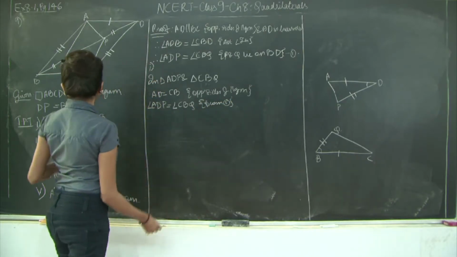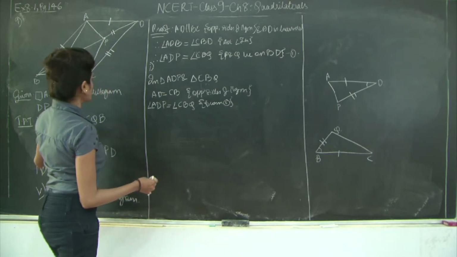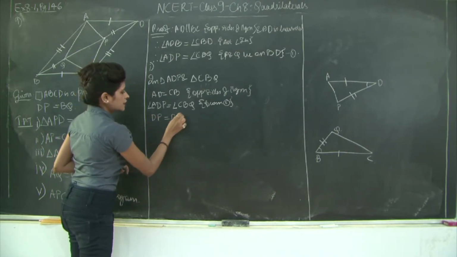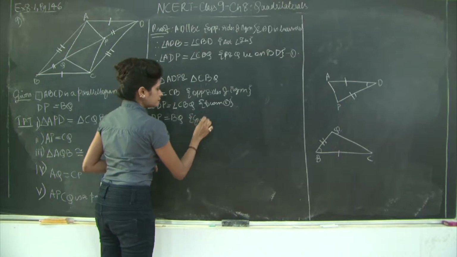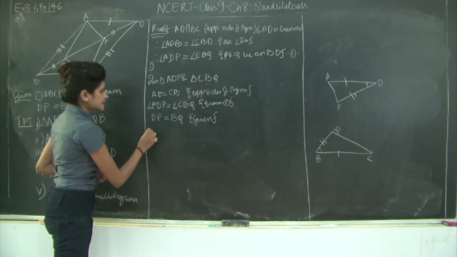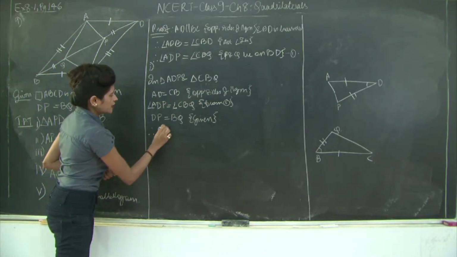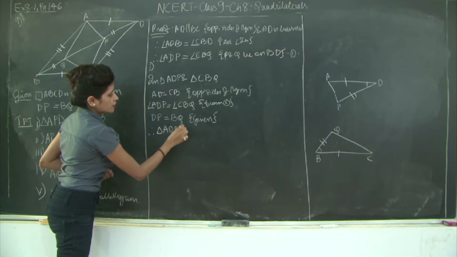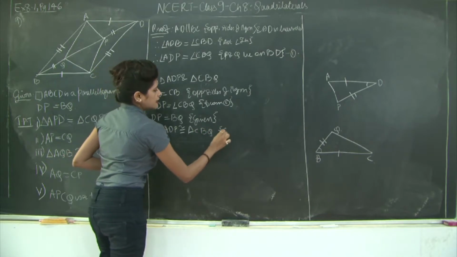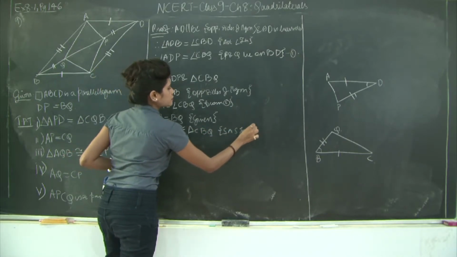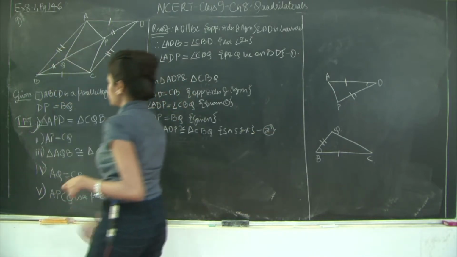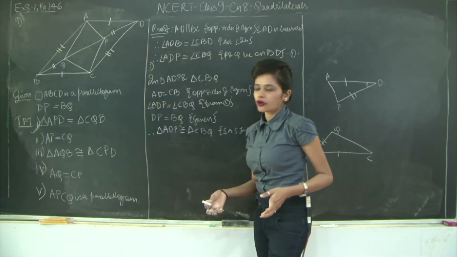And again I have the given data that DP is equal to BQ. Correct. Therefore, the two triangles are congruent by the SAS test of congruence. Therefore, triangle ADP is congruent to triangle CBQ by the SAS test. Let's mark this as statement number 2. So we have proved the first part, that triangles APD and CQB are congruent to each other.